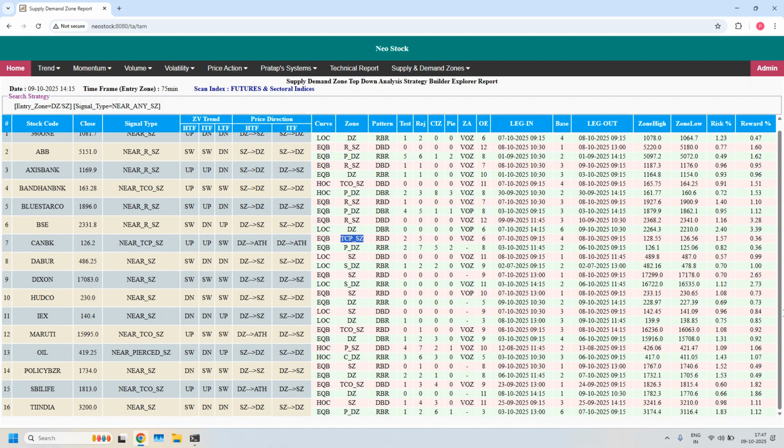So that's it. Total how many? 1, 2, 3, 4 and 5. So we got 5 75 minutes high liquidity supply zones from this list.